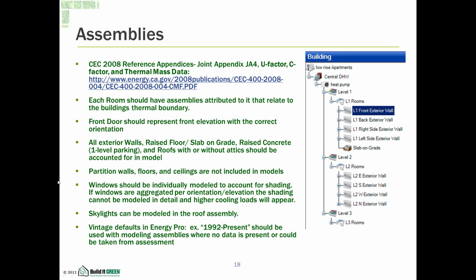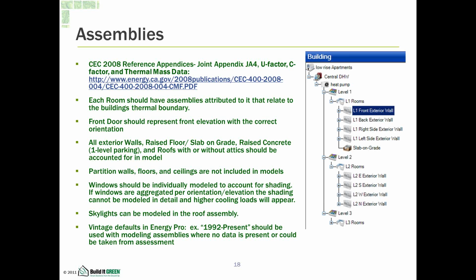And just speaking on assembly defaults, you should use them if you aren't able to get information on the type of construction. But it's always best practice to get that data and to do a full analysis and try to find out what the assembly is really about and what the R values or insulation levels are really for the assemblies, and use the defaults only if this information can't be found.